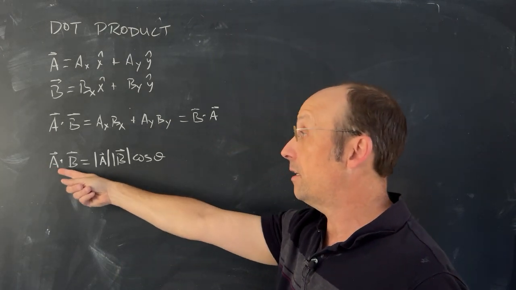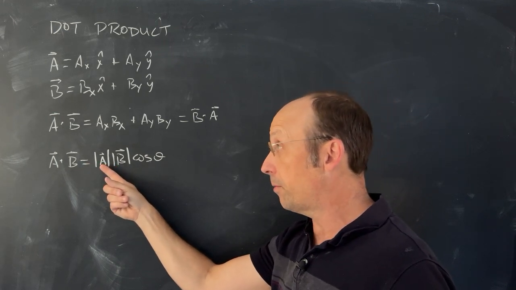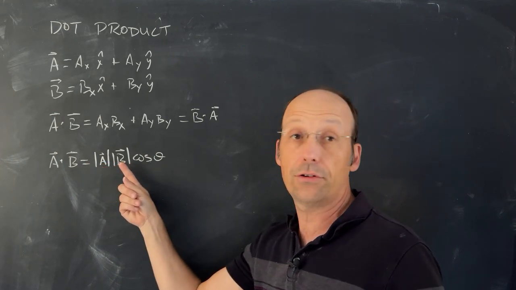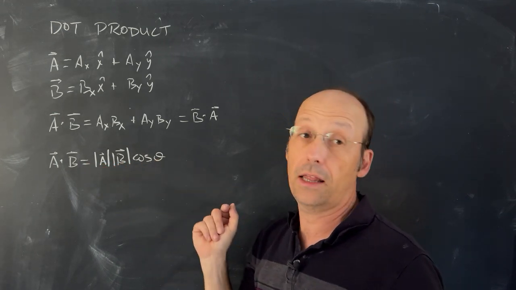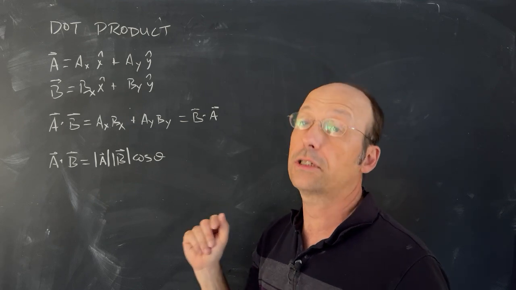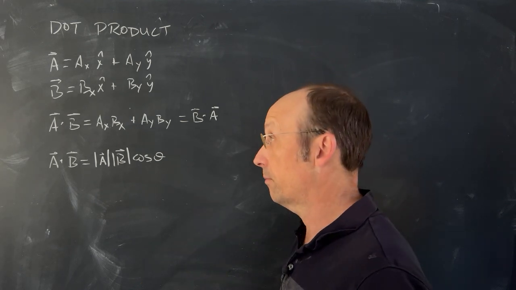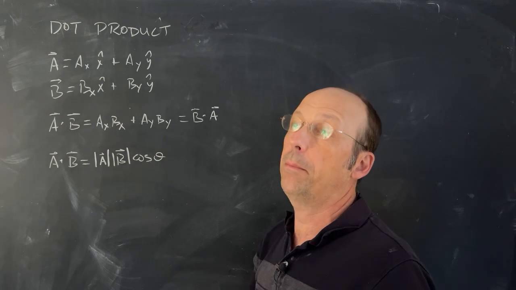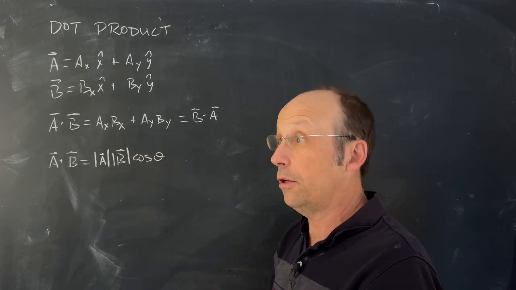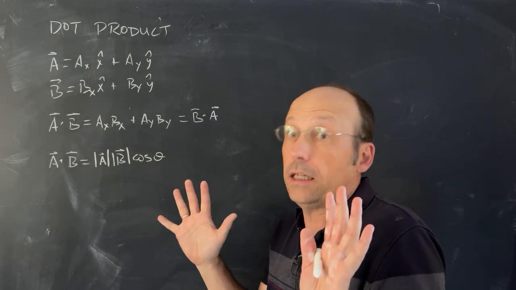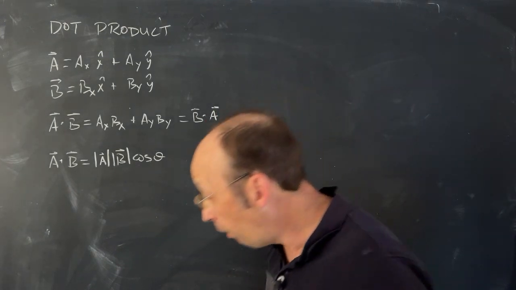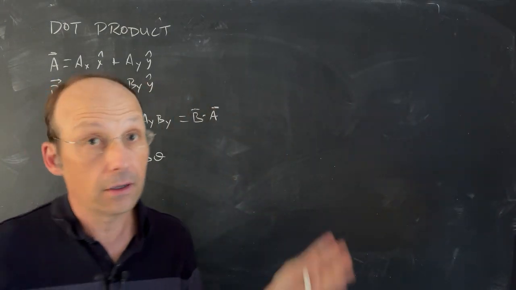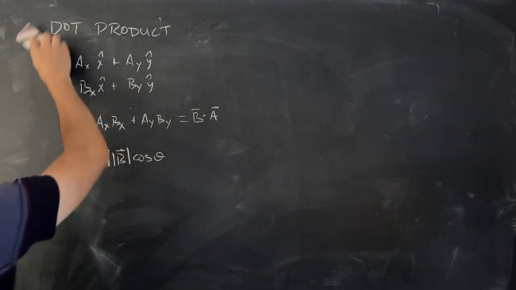It says that the dot product is the product of the magnitudes of a and b times the cosine of theta, where theta is the angle between those two vectors. Okay, so we're not going to do a lot of that, but I just didn't want to move forward and you'd be like, wait, what's a dot product? Hopefully you've seen that before, but if you haven't, welcome to the world of dot products. Okay.